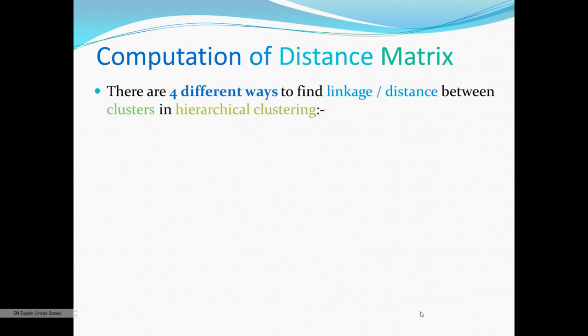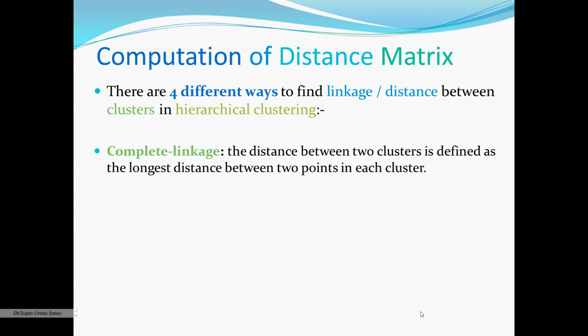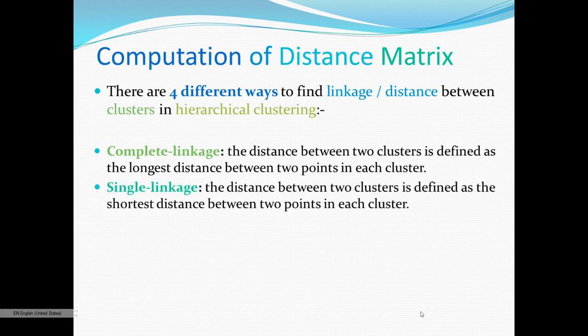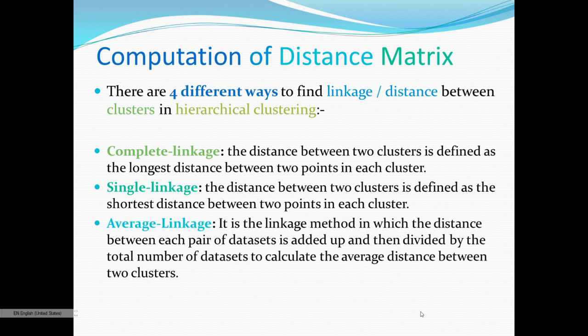Now the computation of the distance matrix. There are four different ways to find linkage or distance between clusters in hierarchical clustering. Number one is the complete linkage. The distance between two clusters is defined as the longest distance between 2 points in each cluster. The single linkage is where the distance between two clusters is defined as the shortest distance between 2 points in a cluster.